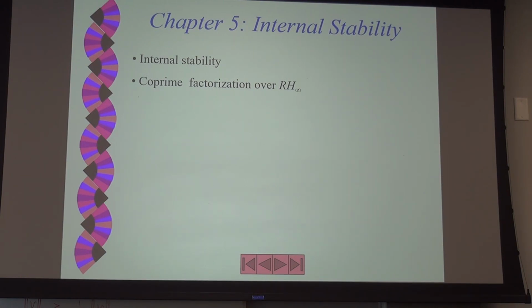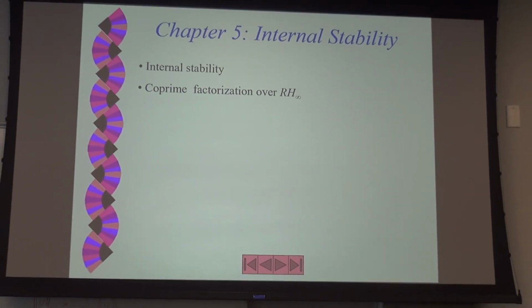So you should not have a non-minimum phase zero, and you should not have a non-minimum phase zero cancel out with an unstable pole.